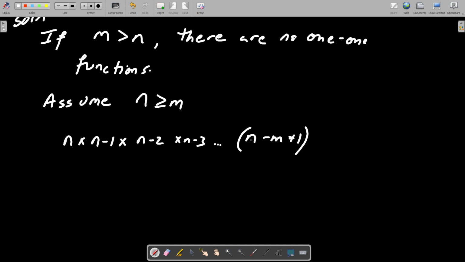Still, the total number of terms multiplied is m. The first term I multiplied was n, the second term was n minus 1, the third term was n minus 2. So the mth term will be n minus m plus 1. So this is the number of functions over here.